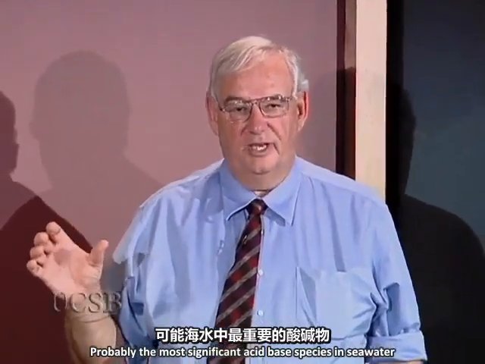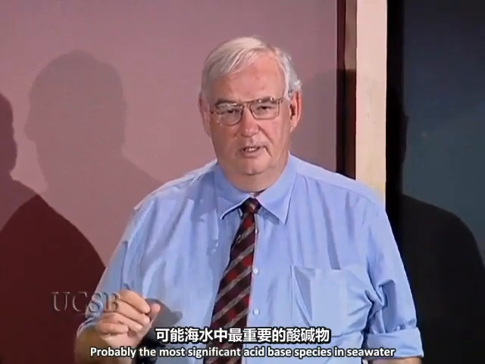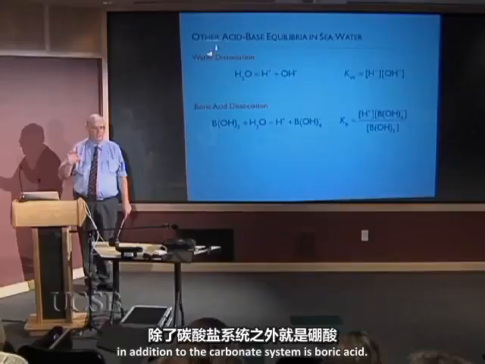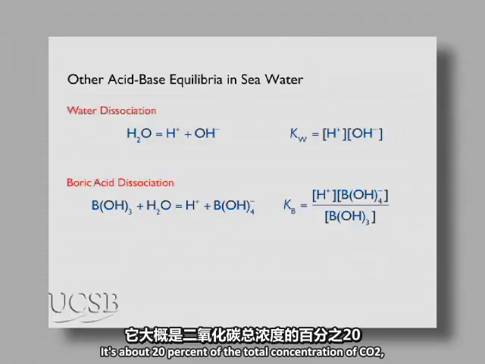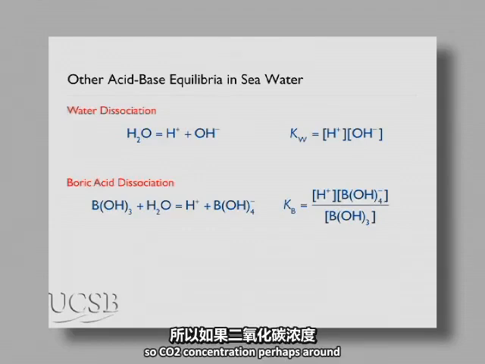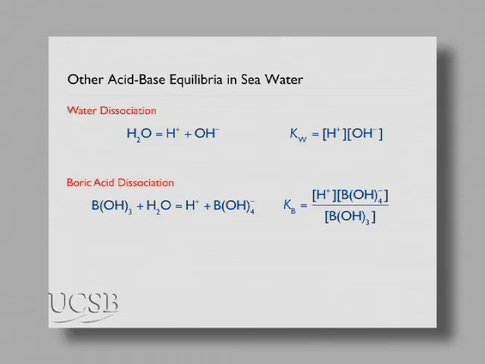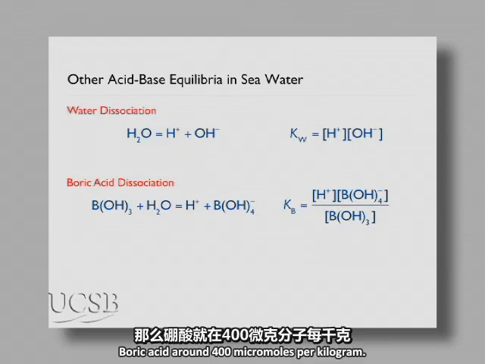Probably the most significant acid-base species in seawater, in addition to the carbonate system, is boric acid. It's about 20% of the total concentration of CO2. So CO2 concentration perhaps around 2,000 micromoles per kilogram, boric acid around 400 micromoles per kilogram.